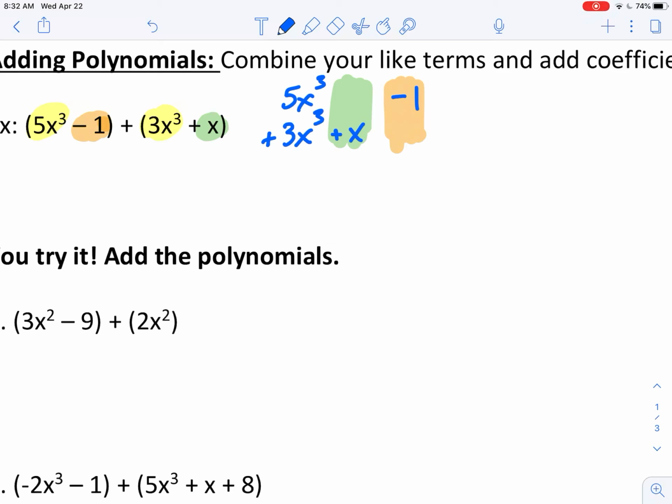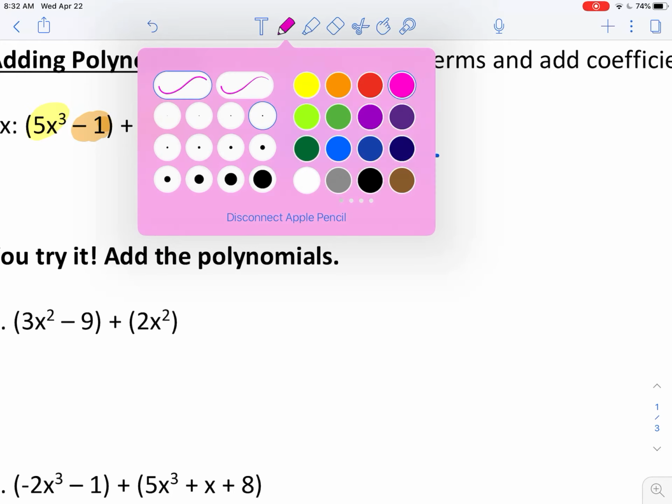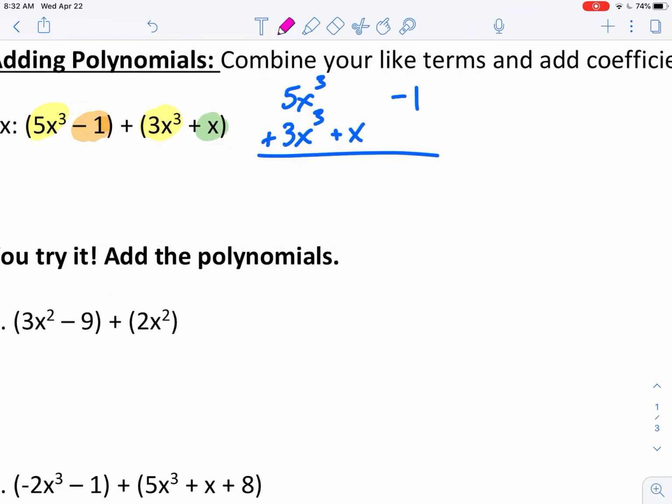And then I've got minus 1 and plus x. And you can see I didn't line these up vertically, because they won't add to each other. They're not like terms, so I can't add those together. So I kind of kept those separate.